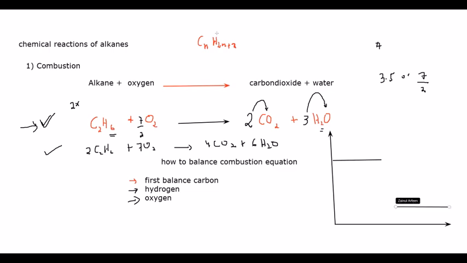If they say complete the energy profile diagram, C2H6 plus 7 by 2 O2 is the reactant, and 2 CO2 plus 3 H2O is the product. If they do not say mark activation energy, you can simply show an arrow downward that represents the energy change or enthalpy change. Is this concept clear?